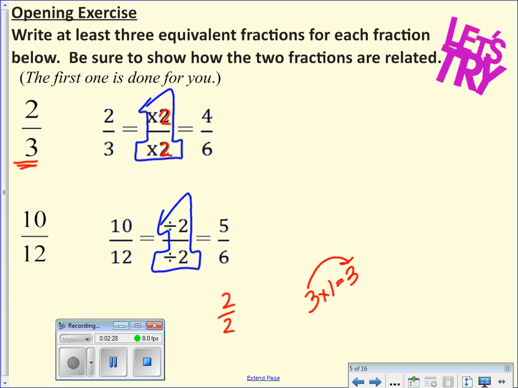So when we multiply by a fraction equal to 1, we're keeping the same value of the fraction. It just looks different. That's why we don't say we're multiplying by 2, because that means something totally different. We're multiplying by 2 over 2.